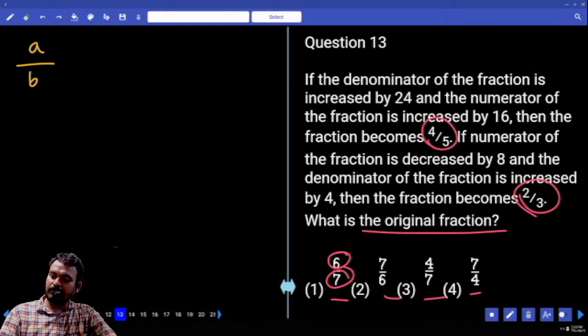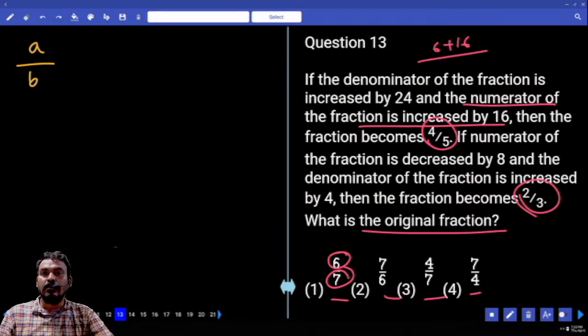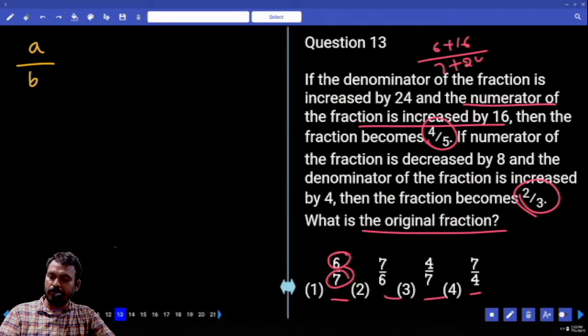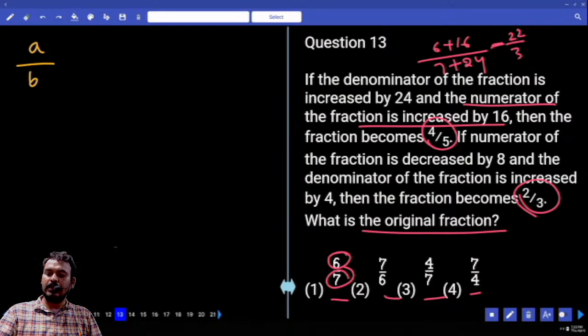In the first case, the numerator is increased by 16: 6 plus 16 is 22. The denominator is increased by 24: 7 plus 24 is 31. It is 22 by 31.